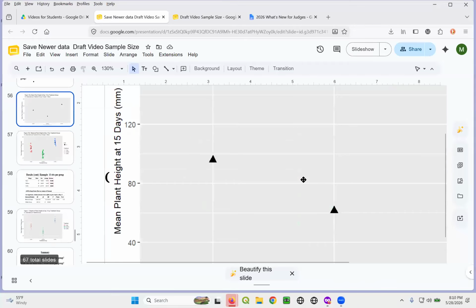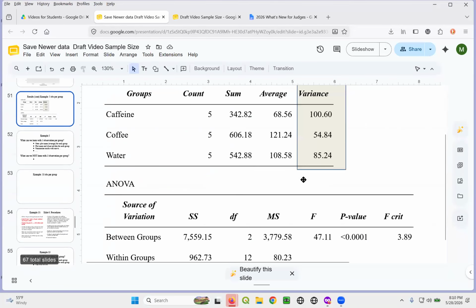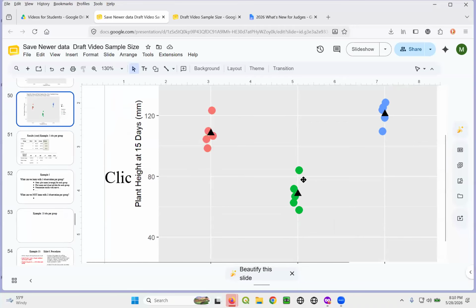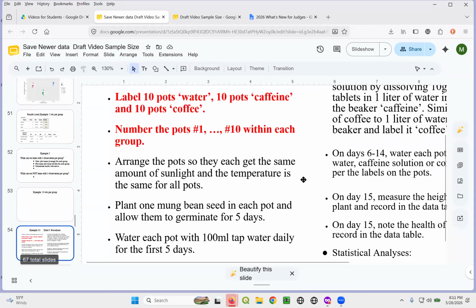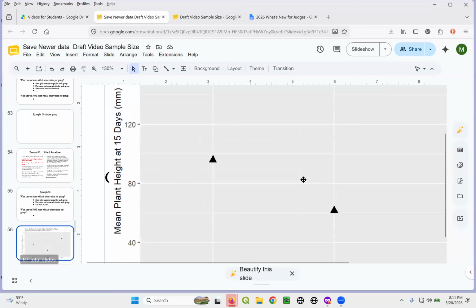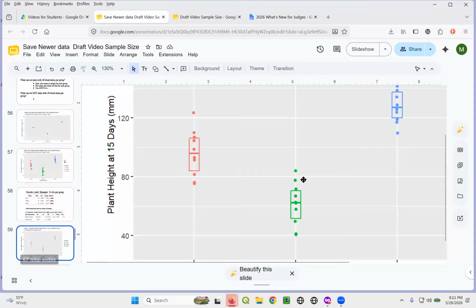Or maybe I haven't put the raw data. But if we're only looking at the caffeine data, I can have the table of the caffeine data and show that. Okay. That's interesting.